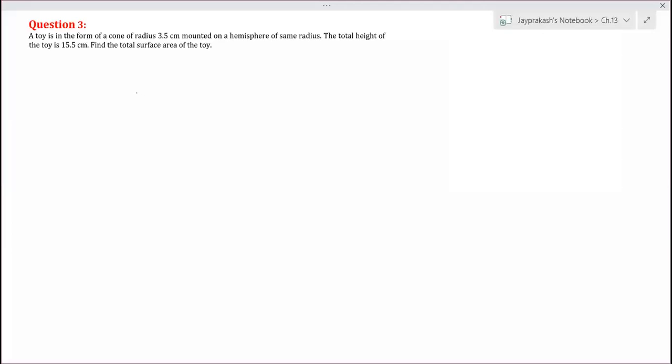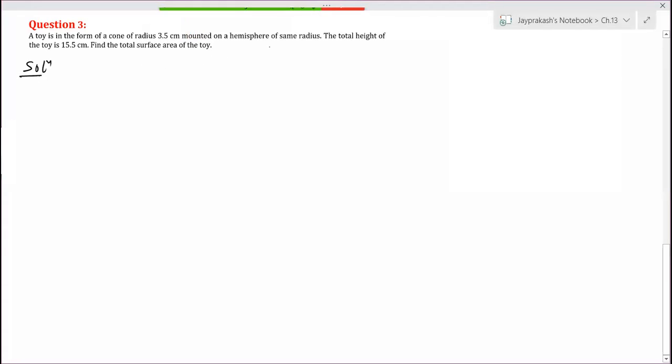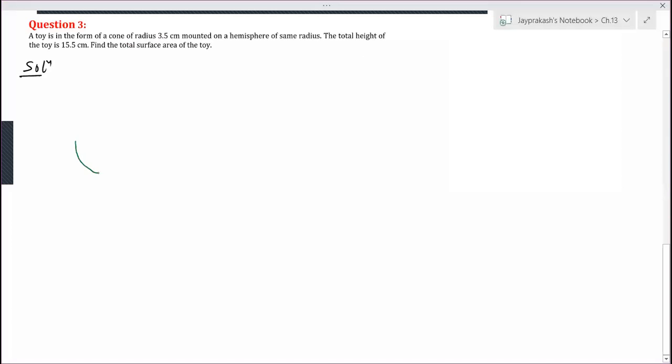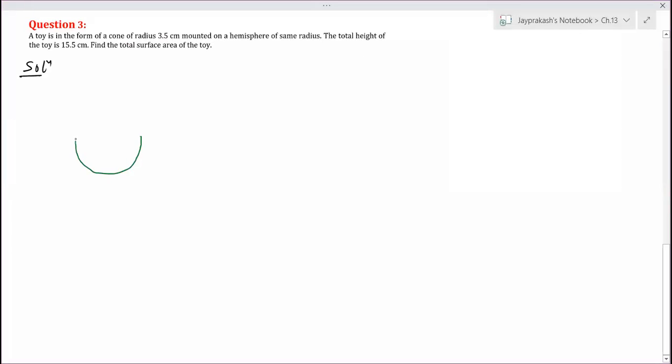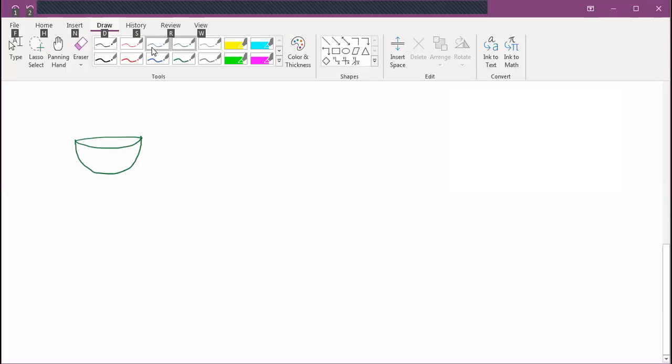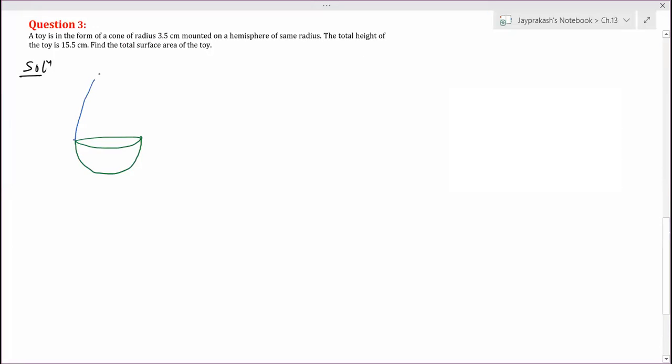In question number three, they are talking about a toy in the form of a hemisphere with a cone mounted on the hemisphere. So the bottom portion is a hemisphere and from the top there is a cone.